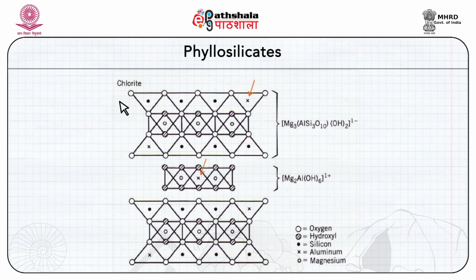You have a talc-like layer which you combine with a brucite-like layer to give rise to a chlorite unit structure. Chemically, it is Mg3Si4O10(OH)2 combined with Mg3(OH)6 giving rise to Mg3Si4O10(OH)2·Mg3(OH)6, which is the chlorite mineral.